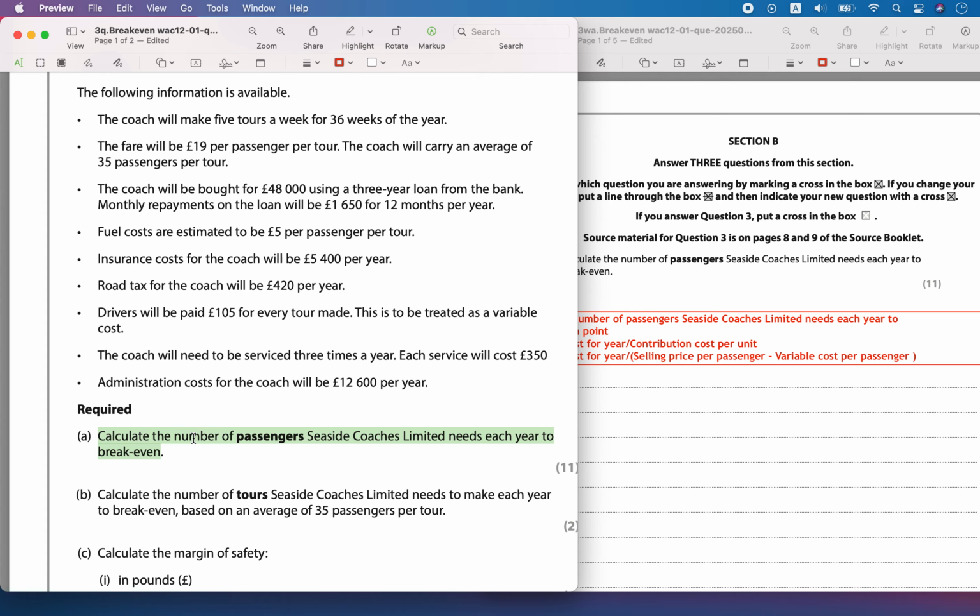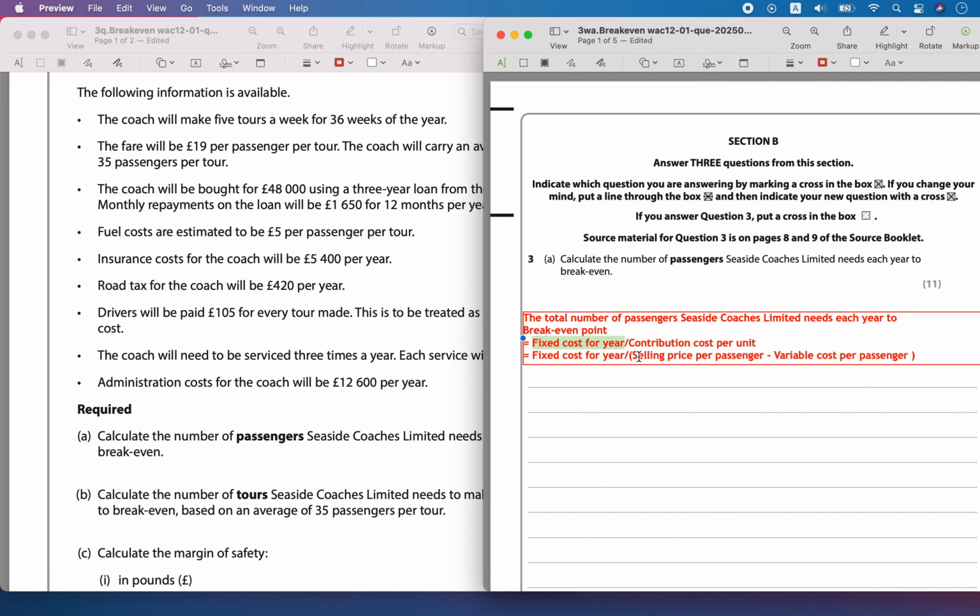Below the break-even point, if they carry very few passengers, then they are going to make a loss. So the formula is going to be fixed cost divided by the contribution per unit. Contribution is selling price per unit minus the variable cost per unit.